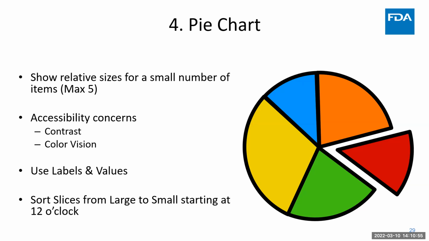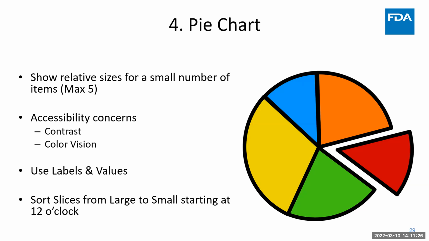It's also difficult for people to estimate the area of the slice. And so we recommend that you organize them in order. Start with the largest at the top and go in order of decreasing size clockwise around, so that the largest one's going to be in the top right, and then the smallest one is going to be in the top left.